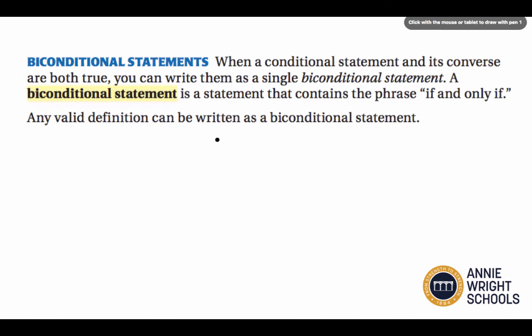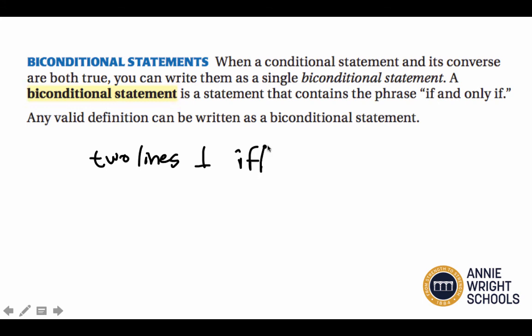If we look at that last statement, if two lines are perpendicular, then they form a right angle. If two lines form a right angle, then they're perpendicular. We can say it this way: two lines are perpendicular if and only if the two lines form a right angle.